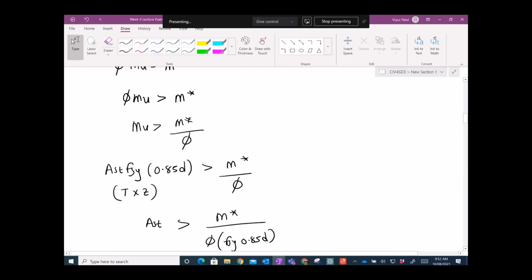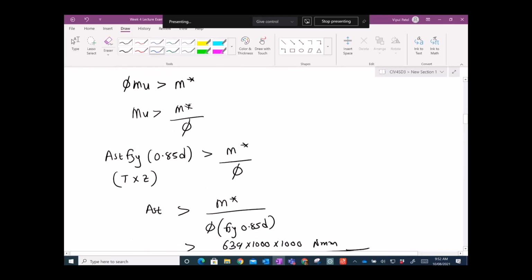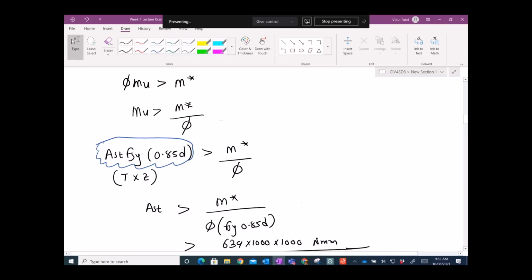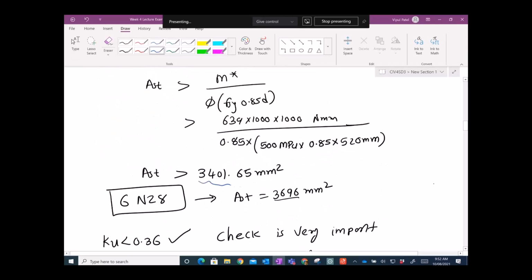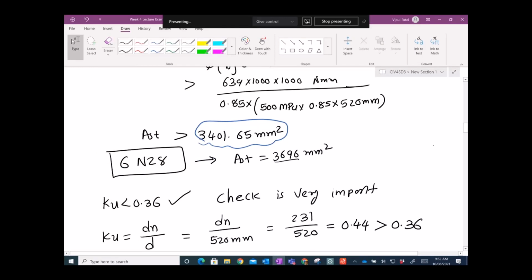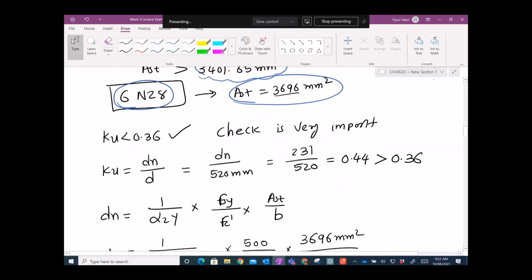Then we quickly did a very crude calculation, where the capacity of the singly reinforced section is tension force times the lever arm 0.85 D. We said the approximate AST you need is 3401 millimeter square. Based on this we can provide 6 N28 bars, which is 3696 millimeter square. Strength wise that is okay, that is enough.